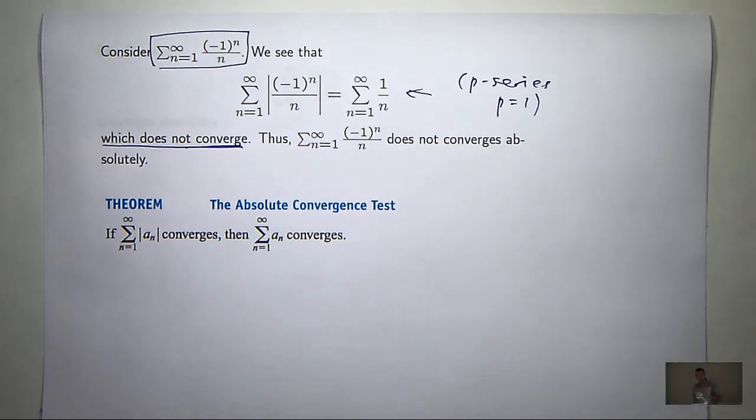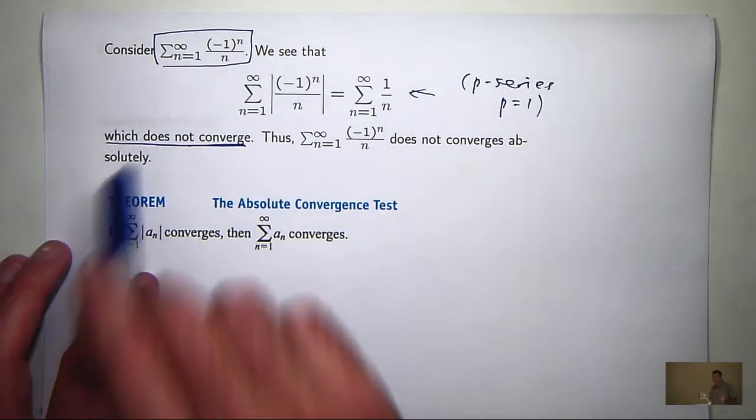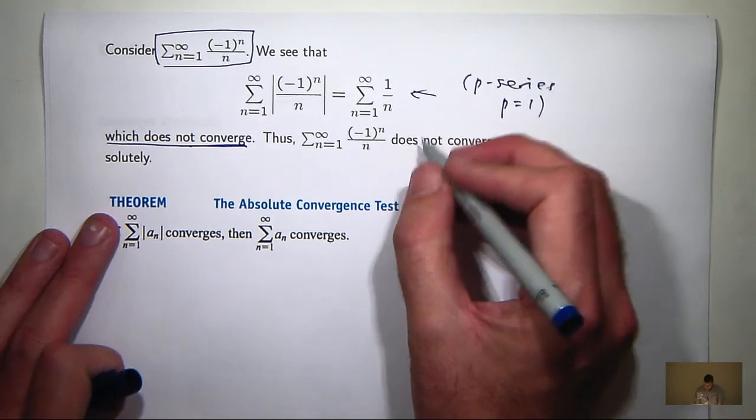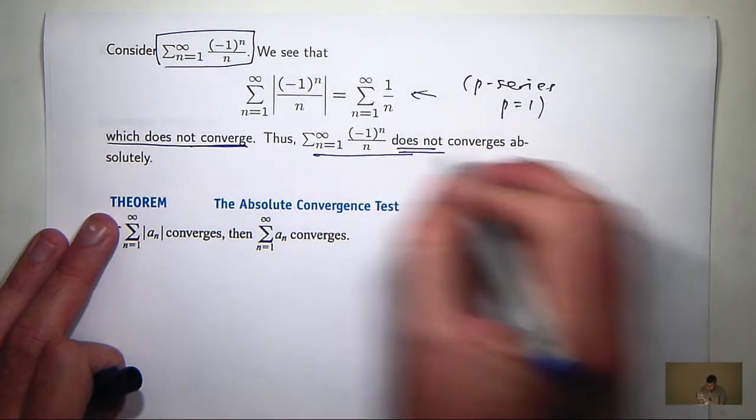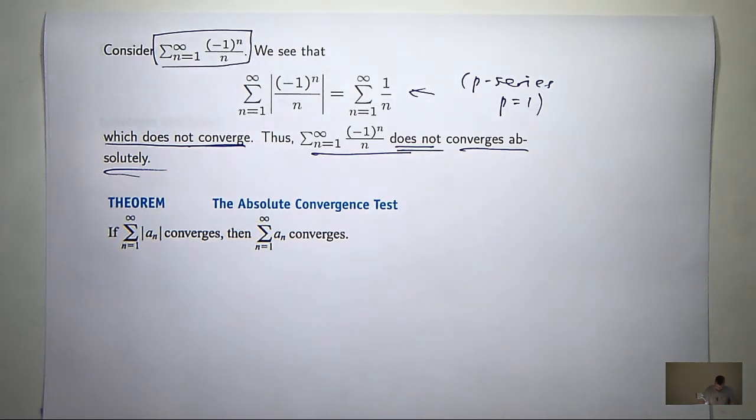So what can we say about our original series? The series in this case does not converge absolutely. Now let me give you an example of how these absolute signs can help you out, how they can make things easier for you when you're tackling series.